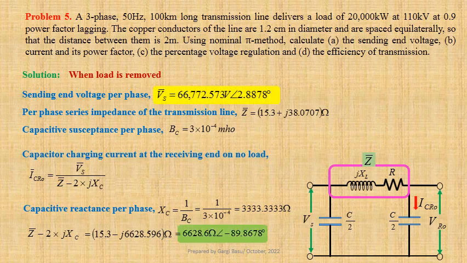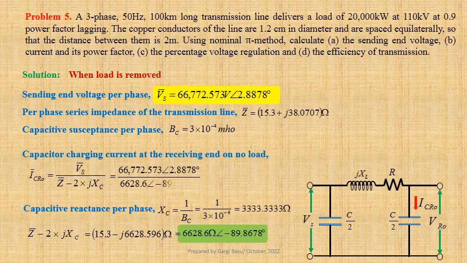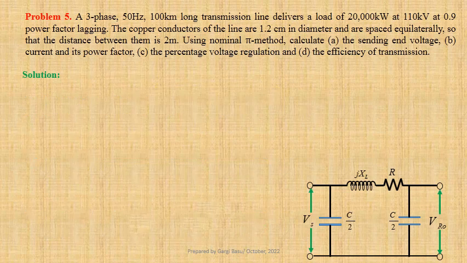Using values we get ICRO equals 66,772.573 at an angle 2.8878 degree divided by 6628.6 at an angle minus 89.8678 degree. That gives us 10.0734 ampere at an angle 92.7556 degree.